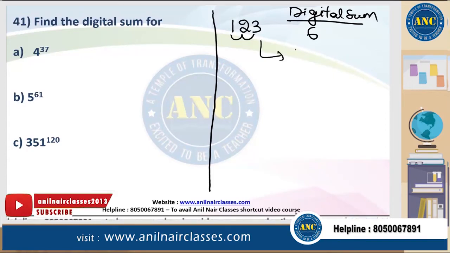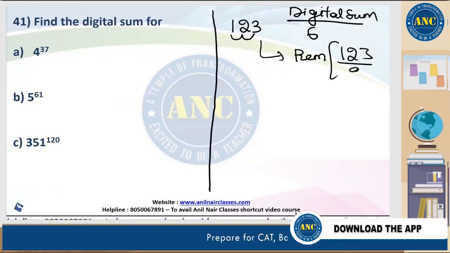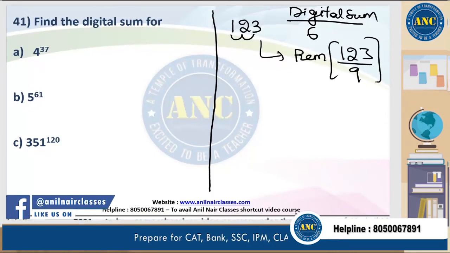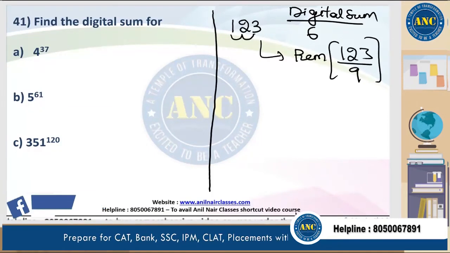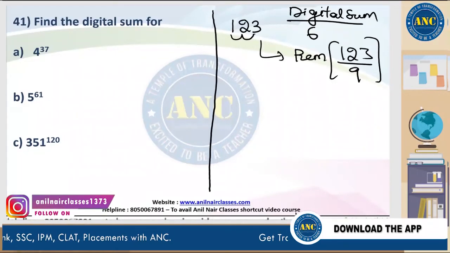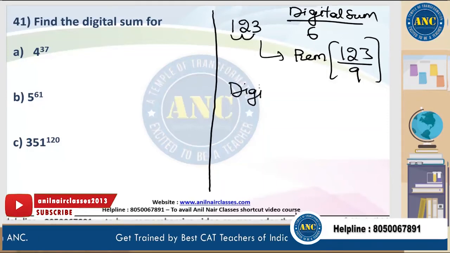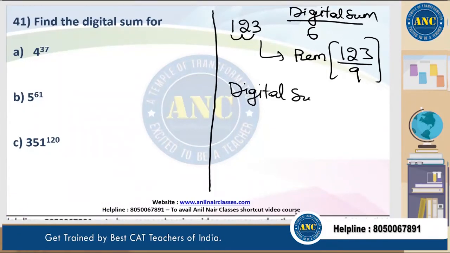Can I also say this is nothing but the remainder when you divide a number by 9? 123 divided by 9. 9 ones are 9, 33. 9 threes are 27. What is the remainder? 6.